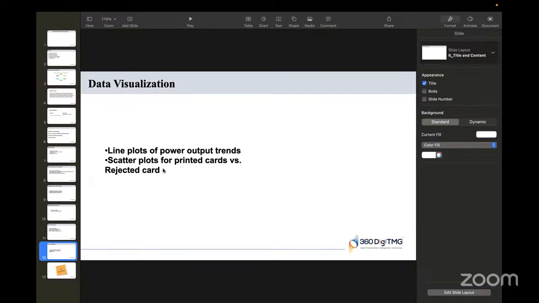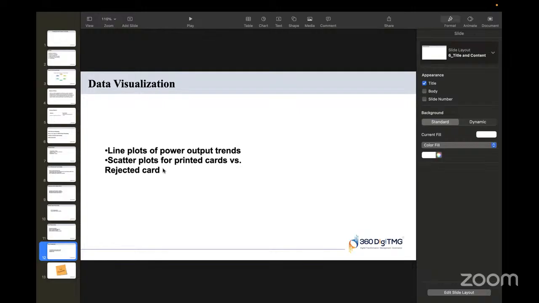Through line plots and scatter plots, what we got from the data visualization in Power BI is that to increase manufacturing and reduce the defect rate, we have to use PVC material to make cards, credit cards and all, because other composite and mixed materials give a very high defective rate ratio, which we calculate as the acceptance ratio divided by the defect ratio.